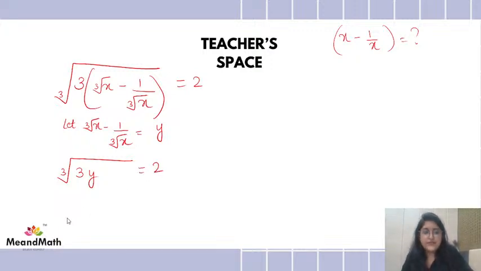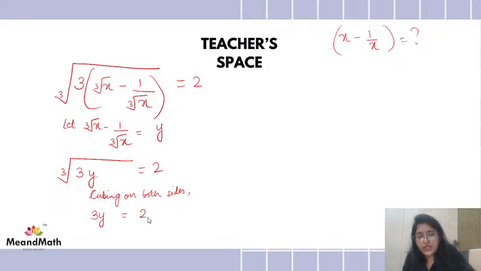Now what can we do? We can cube both sides. When we cube the left hand side, what will we get? The cube root will get cancelled, so we will get 3y as it is.